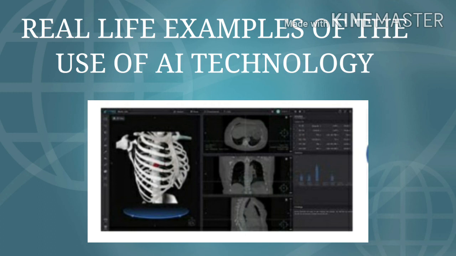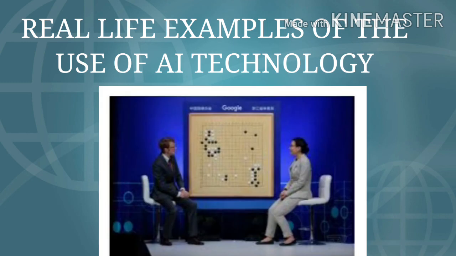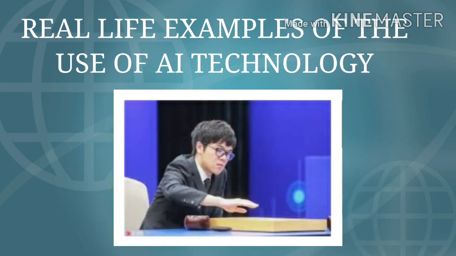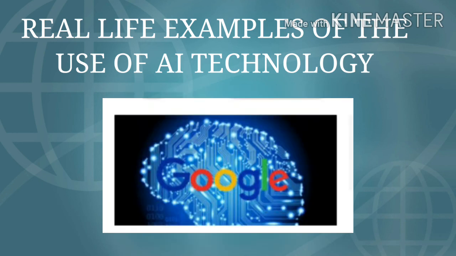The next is DeepMind. You might have heard of that AI system that is able to mimic human brains, and it defeats human players in a number of games. And the next is Google Brain, which uses AI for image enhancement and also for natural language processing.